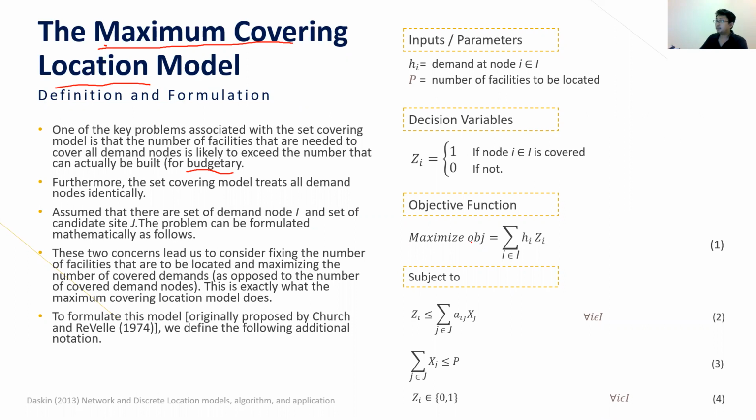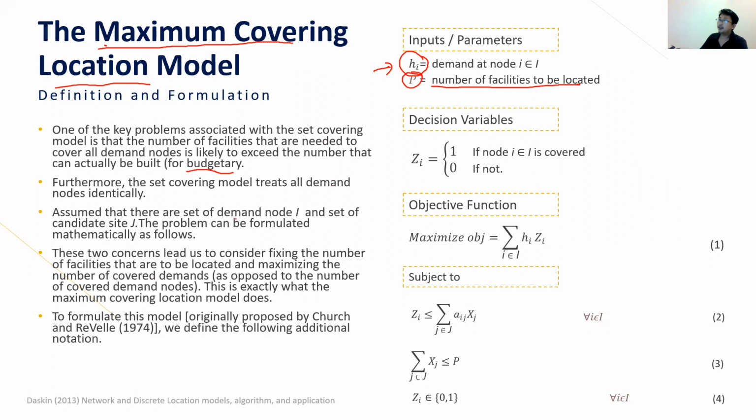But for now, because we know that we can only use a number of facilities, which we will define as P, and we also assume that we have the information about each demand node, how much demand we are going to serve in that particular node. It can be defined such that the more the demand, the more prioritized it needs to be served.